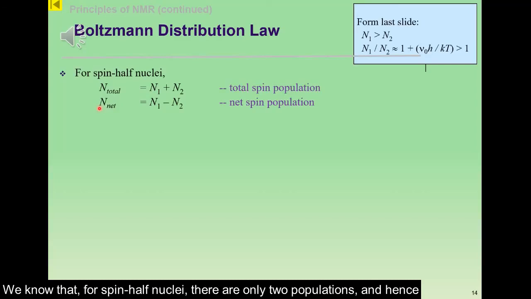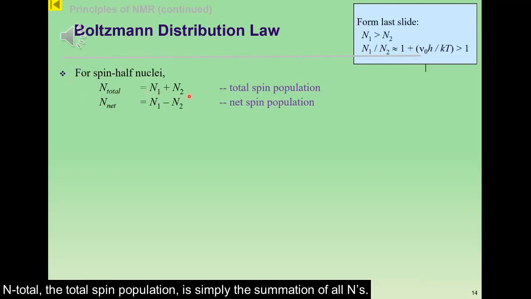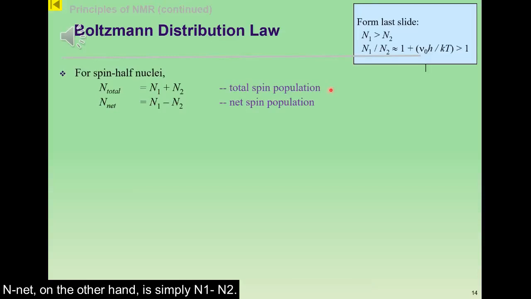We know that for spin half nuclei, there are only 2 populations, and hence N total, the total spin population, is simply the summation of all N's. N net, on the other hand, is simply N1 minus N2, which is the net spin population.